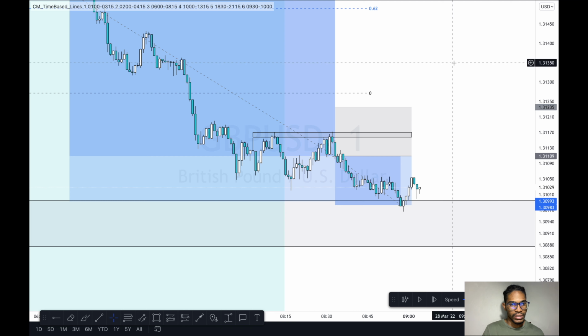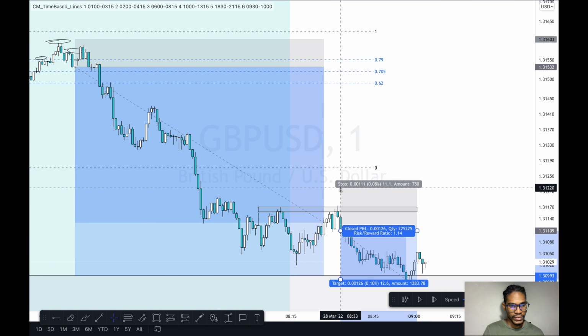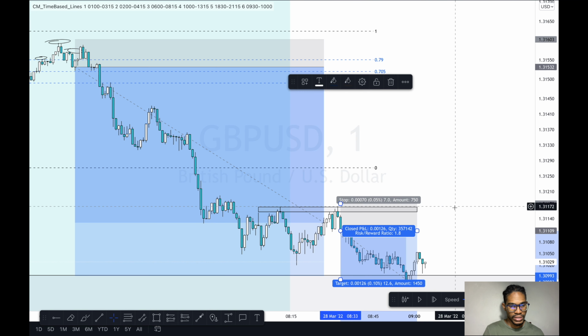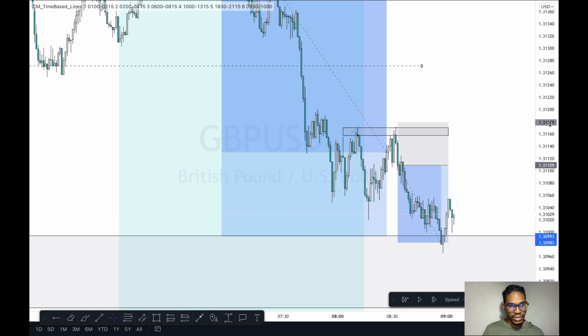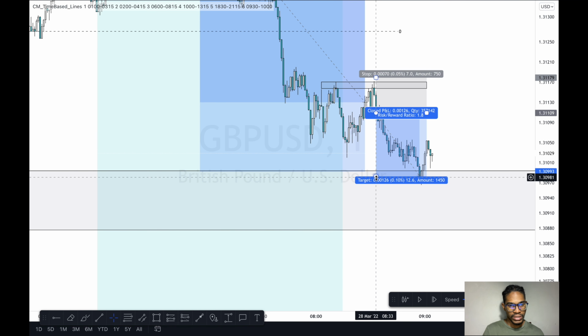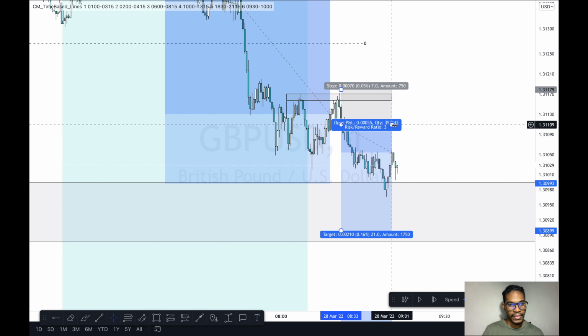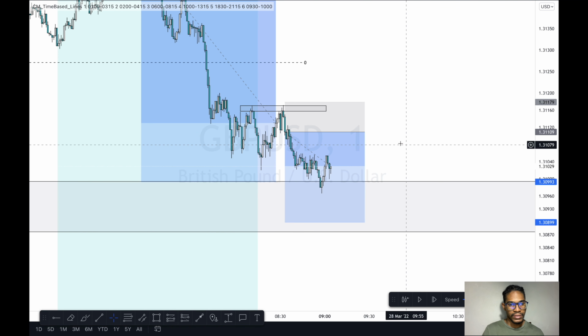Okay, so we could have taken the trade here, risked another 7 pips to make. I normally tell people to shoot for at least a 1 to 3.